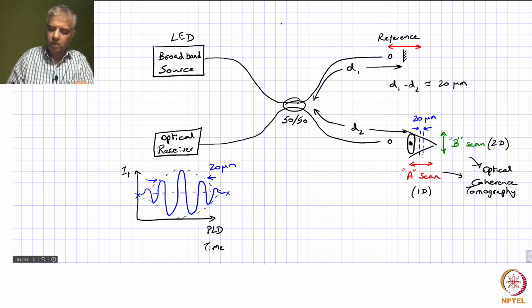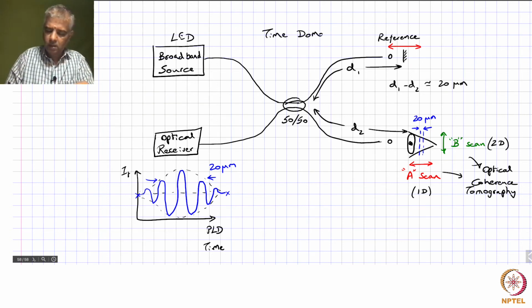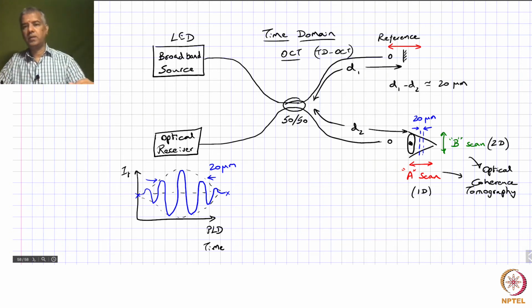So this is what you call time domain OCT. In time domain OCT, you move the reference mirror to essentially get the A scan done.